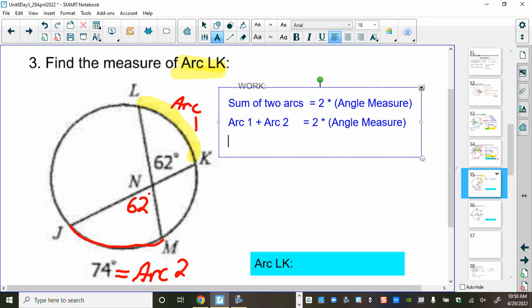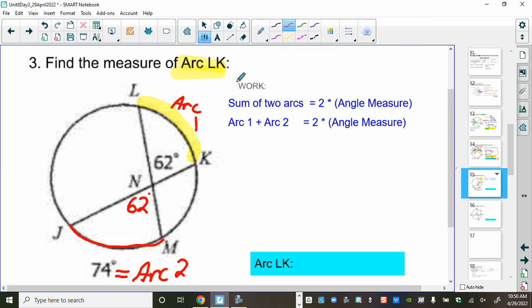Do we know what arc 1 is yet? So how can we nickname it? Okay, that's fine. I should just specify LK will be arc 1 and JM will be arc 2. So LK, we said we don't know it yet.